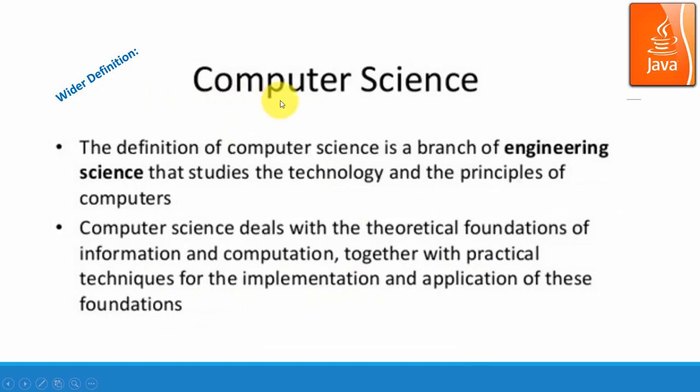Let's look at what computer science is. In the wider sense, we can define computer science as a branch of engineering science that studies the technology and the principles of computers. That means it is one kind of engineering discipline.